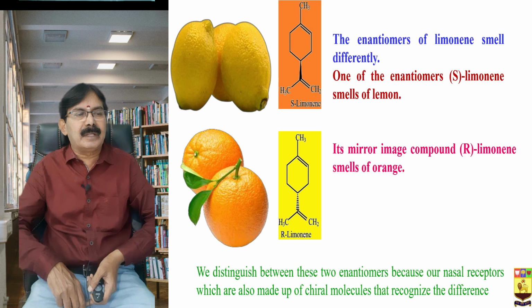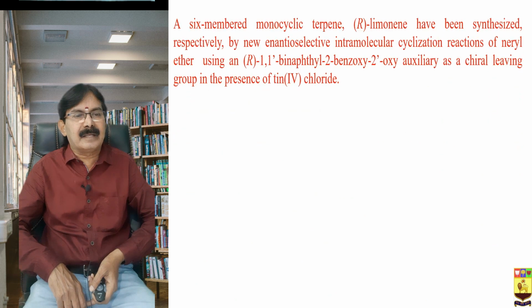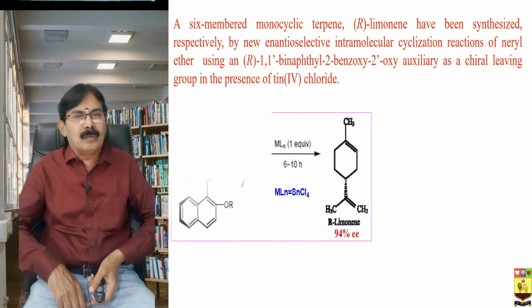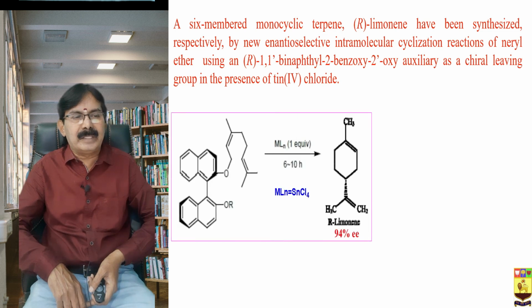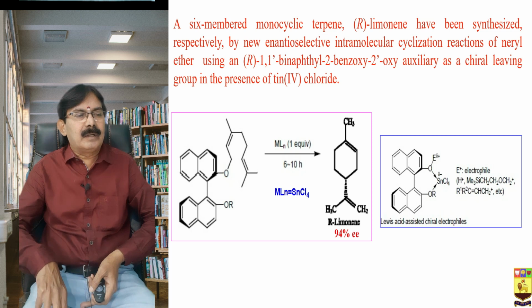A six-membered monocyclic terpene, R-limonene, has been synthesized by an enantioselective intramolecular cyclization reaction of neryl ether, using an R-1,1-binaphthyl-2-benzyloxy group as a chiral leaving group, with tin tetrachloride.